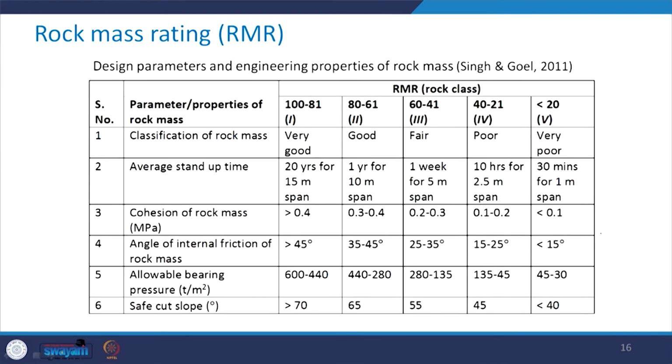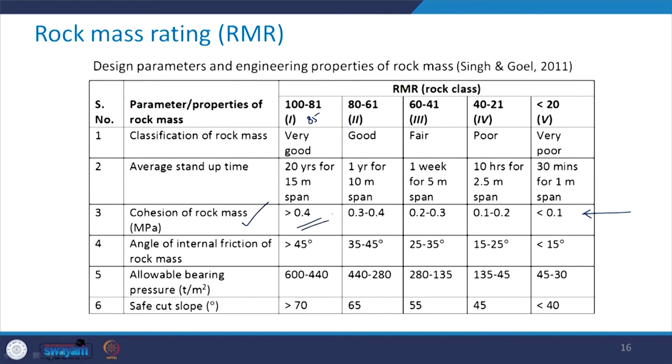Once again I refer to this table. Look here on this row which gives you the cohesion of the rock mass in megapascal. So say you have the RMR of say 85. So 85 would lie in this range, so its cohesion is going to be greater than 0.4 MPa.